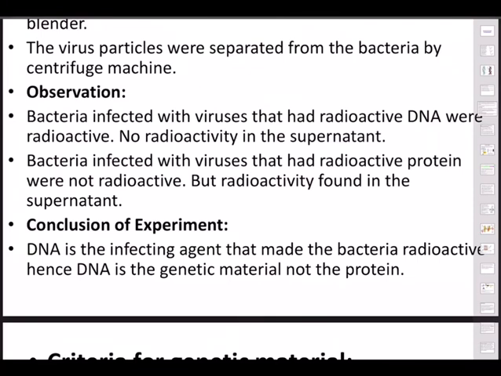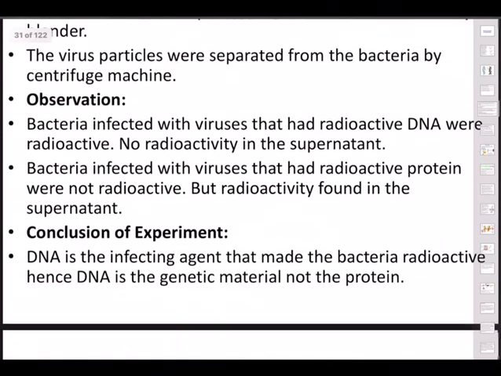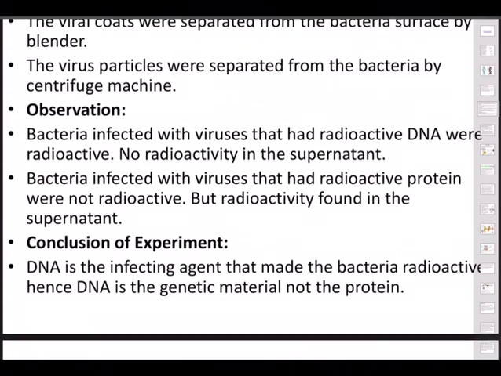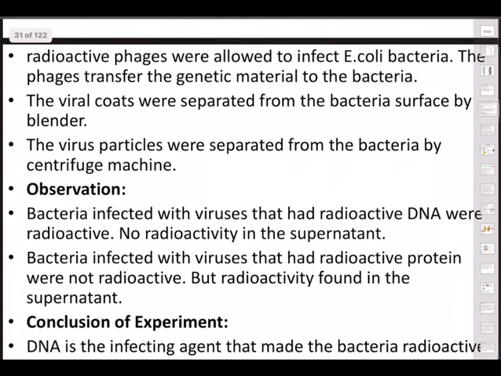Since we are able to see traces of DNA having that radioactive phosphorus, and no protein is involved because radioactive sulfur is not there within the host, it goes without saying and it gives a convincing conclusion that DNA is the infecting agent that made the bacteria radioactive.